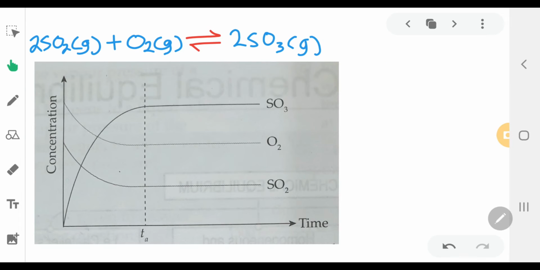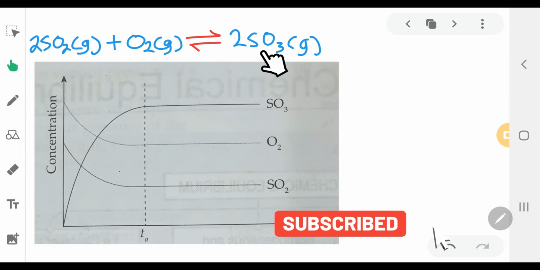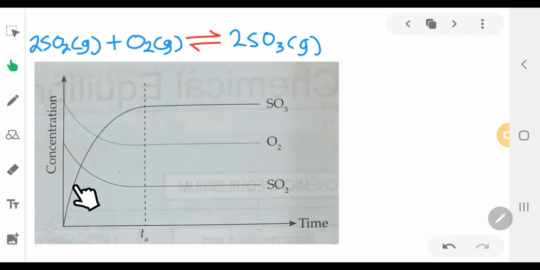So when you look at this graph of concentration versus time, this is a very typical equilibrium phenomenon that takes place when you have a reversible reaction like SO2 reacting with O2 to make SO3. So how do we understand what is going on over here?